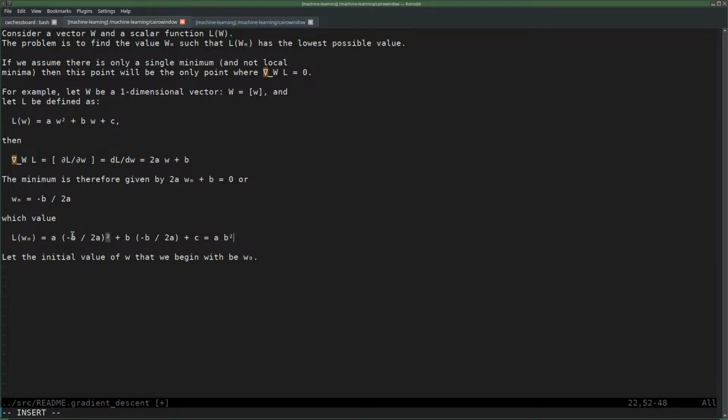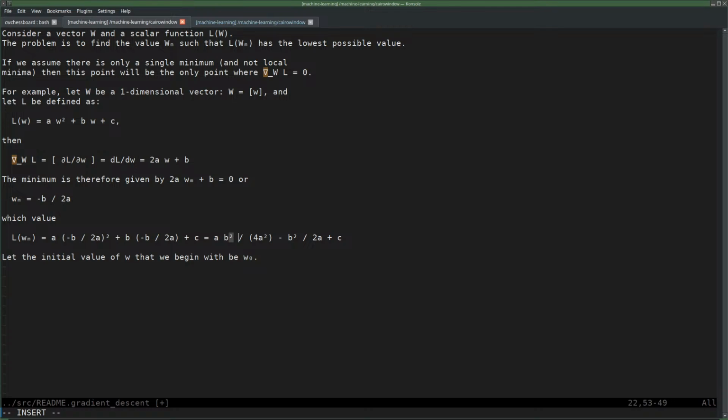A times minus b squared divided by the square of that, so divided by 4a squared. Minus b squared divided by 2a. It's totally not C.